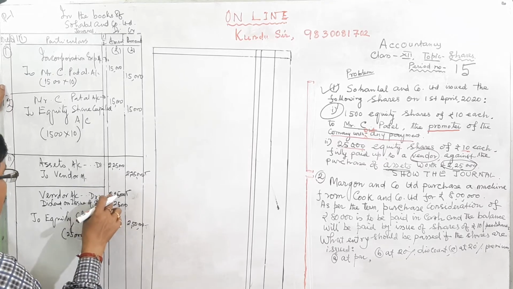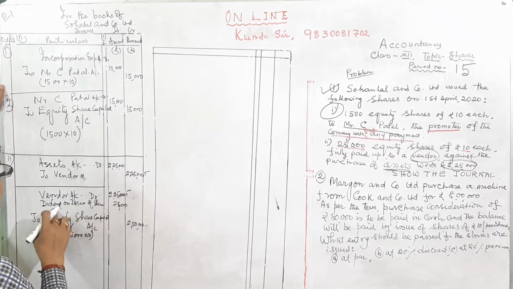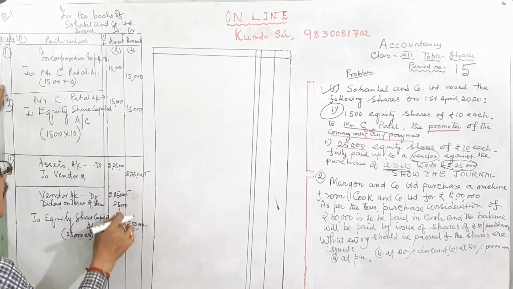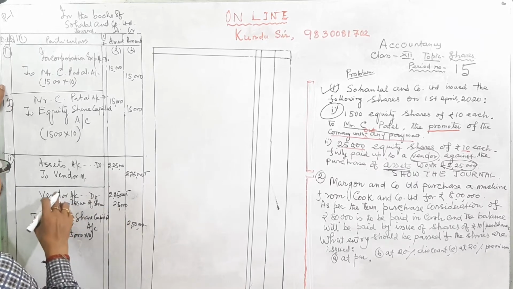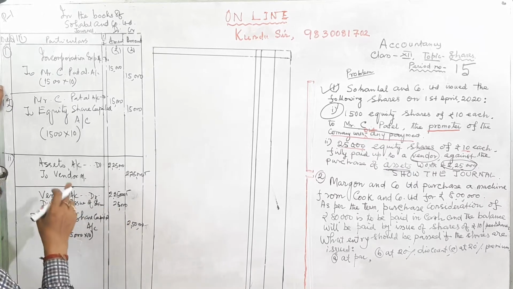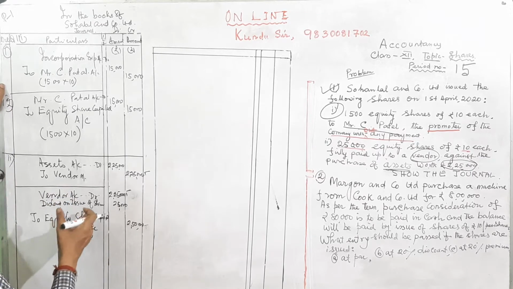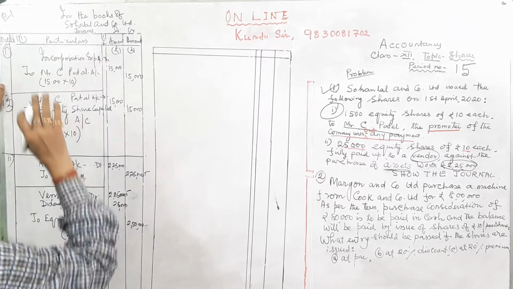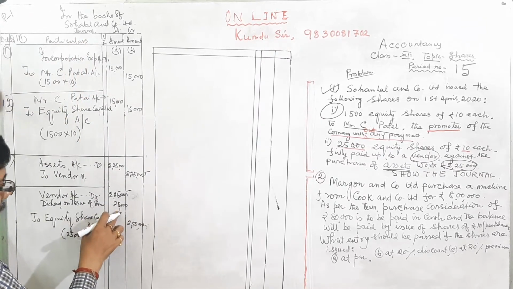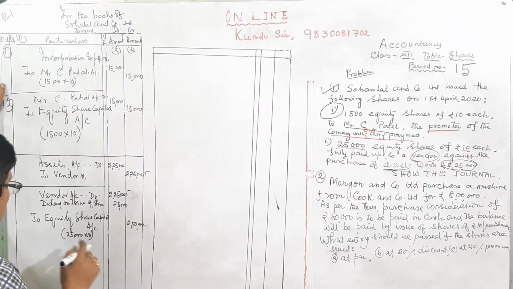Our liabilities are debited, that means this portion of share. That means the vendor or the company or any association providing machine or asset to them are getting a discount on shares at the rate of 10%.